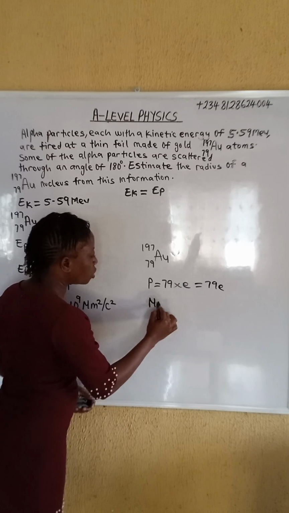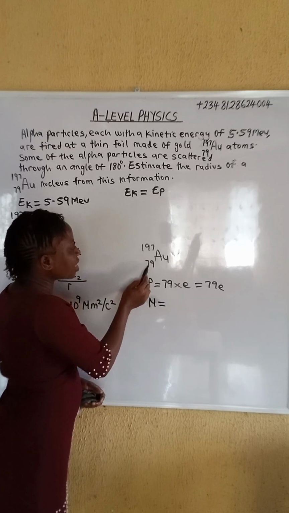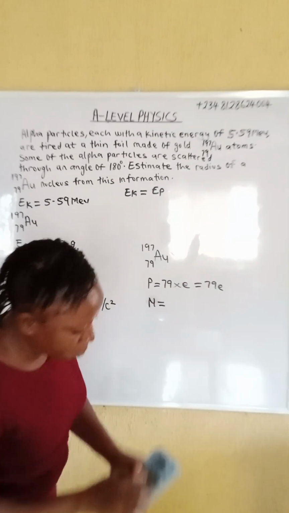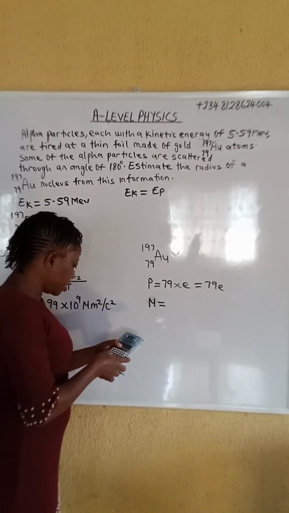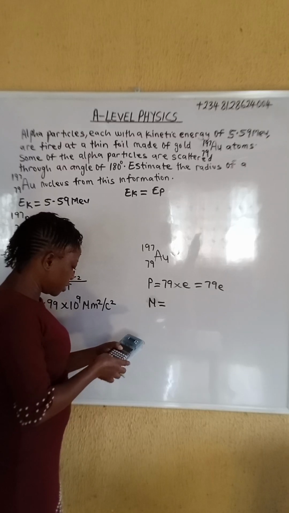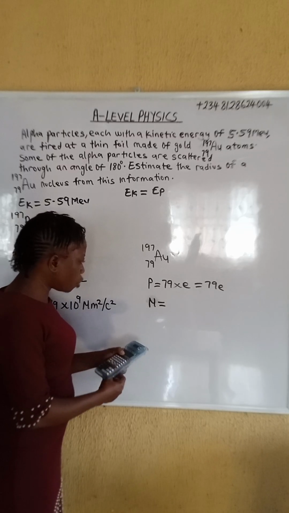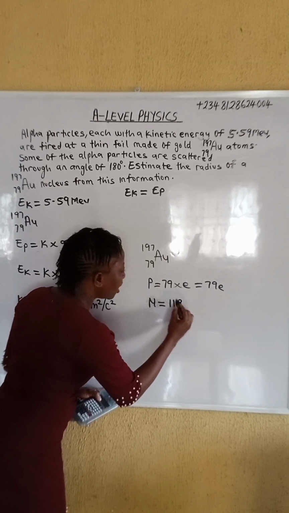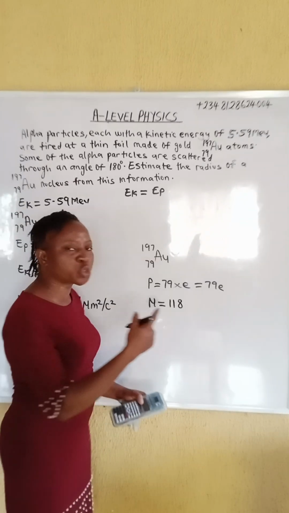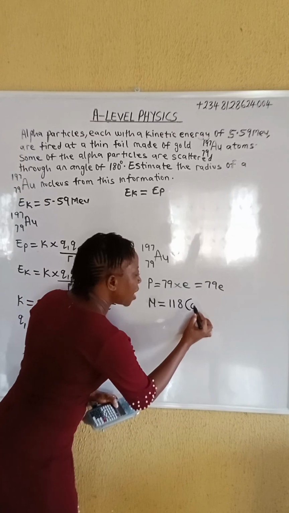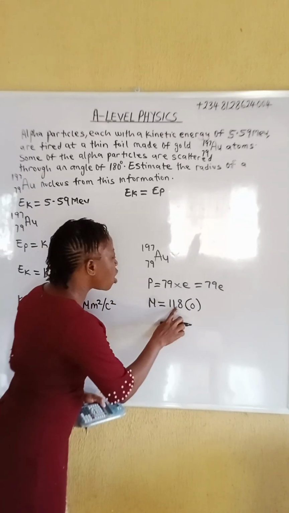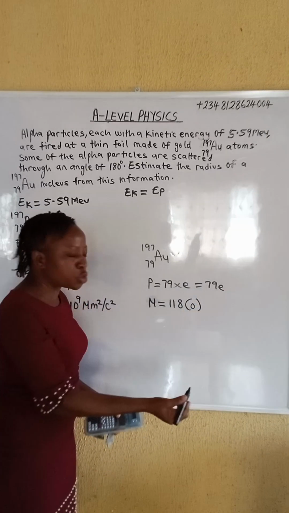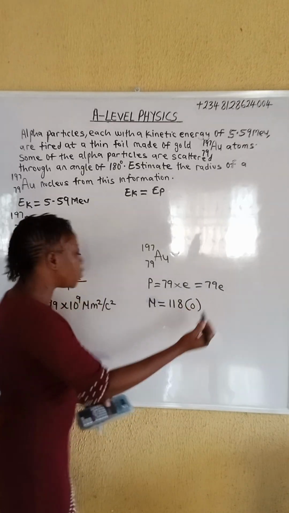The number of neutrons equals 197 minus 79, which gives 118. Neutrons are neutral, so 118 multiplied by 0 gives 0. Adding it to the protons, 0 plus 79 gives 79.